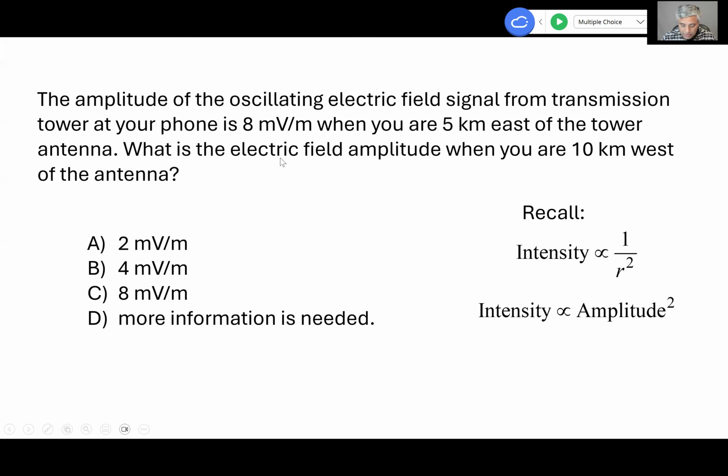Okay, so here is this question. Let's hold that quickly. Let's see if we can do that in a minute.